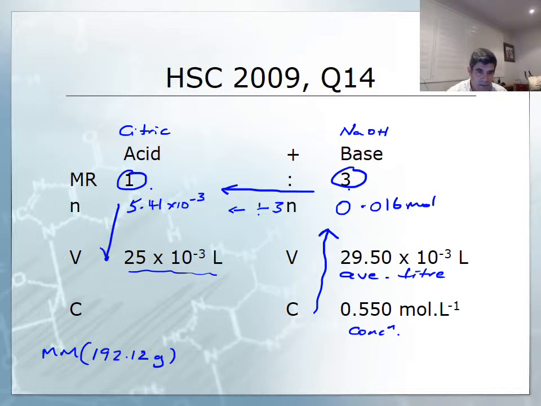When I go down, I get my number, and I'm going to divide that by 0.025, and it gives me a value of 0.216 moles per litre.